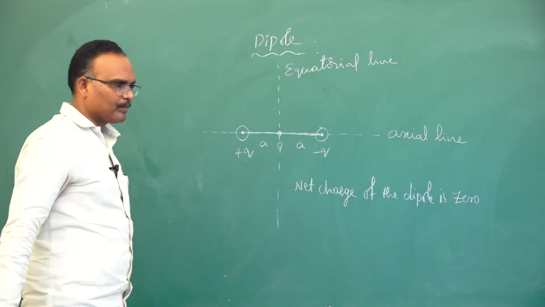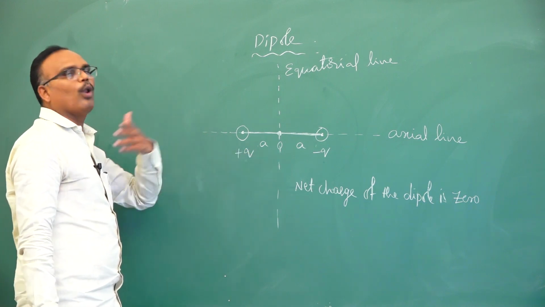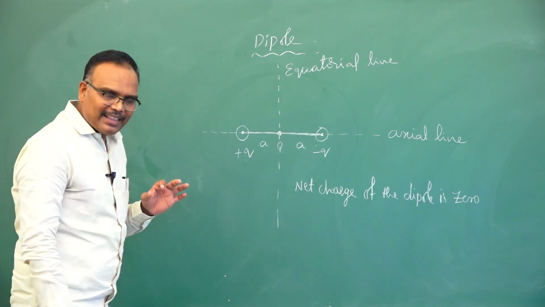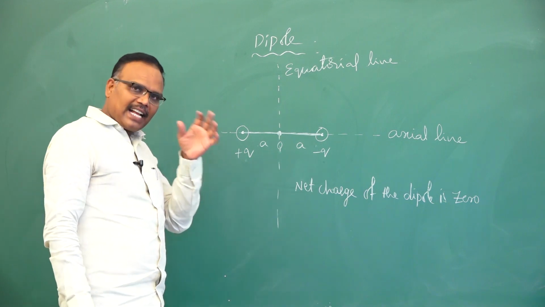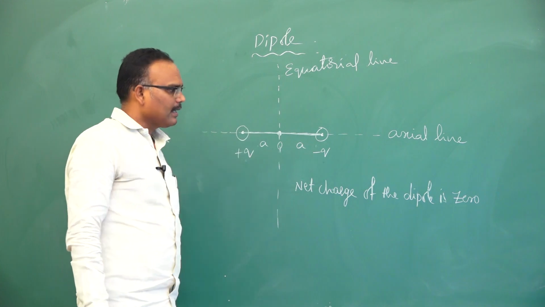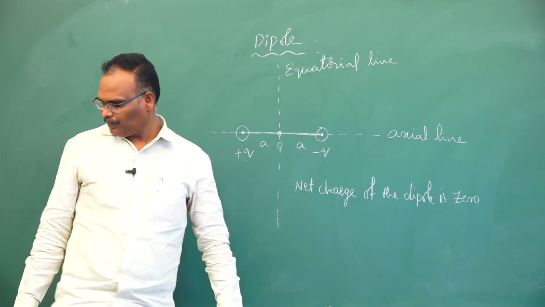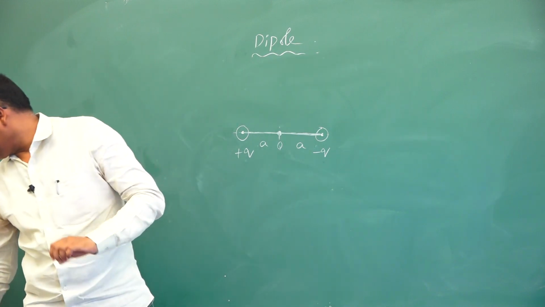Net charge is 0. The electrical effect of this dipole can be studied with the help of one physical quantity that is called dipole moment. What is a dipole moment? We'll see now.